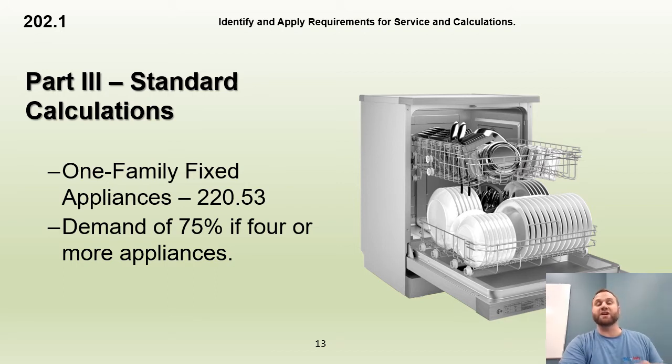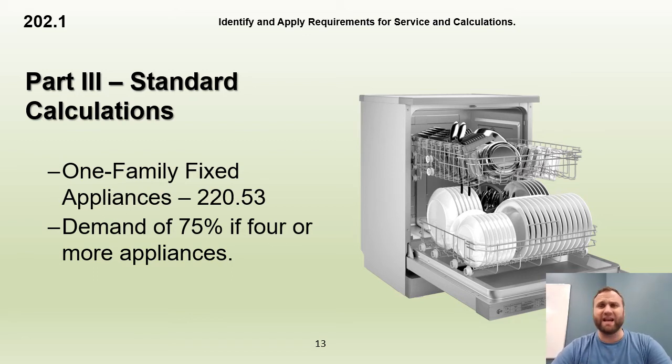So instead of using 100% of the nameplate value of those appliances, I can now use 75% of the nameplate value of those appliances. So I take those appliances, I add them all together, and if they have a neutral, I add all the neutral loads together as well.